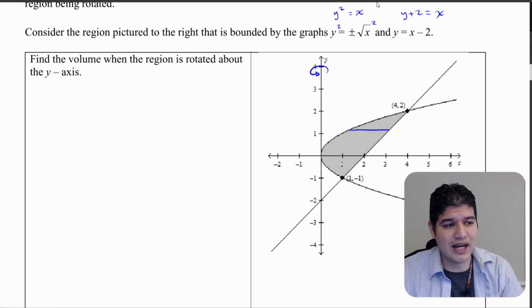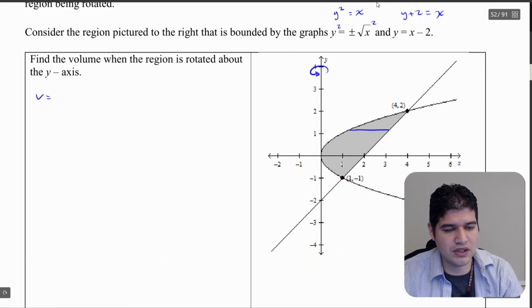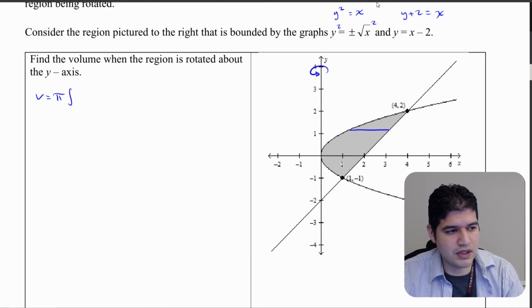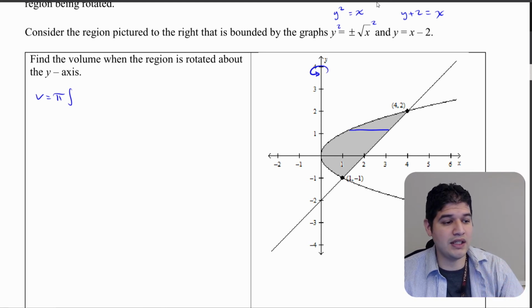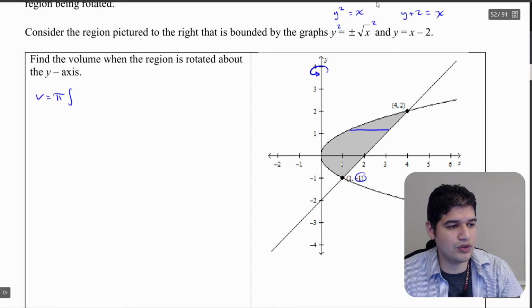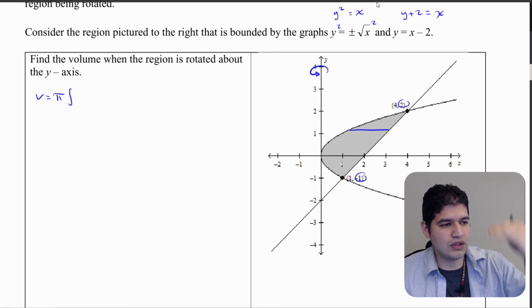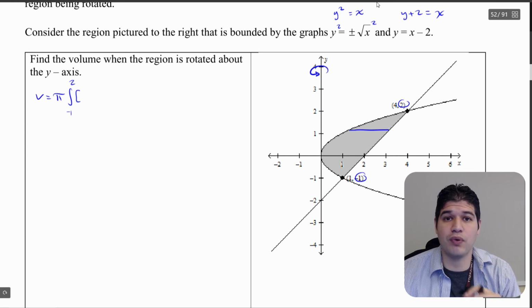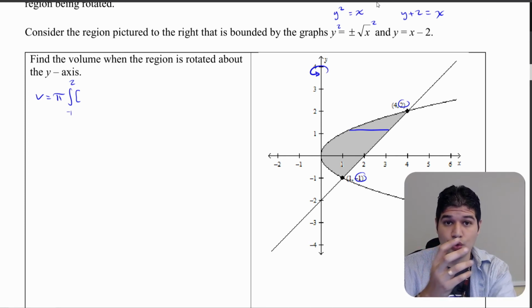So when I write out my function here, volume is equal to pi times the integral from, we're not going to be using the x values, we're going to be using the y values in this case. So I'm going to be going from the lower to the upper, so -1 to 2. And what is going to be the outer part, the rightmost part of this?